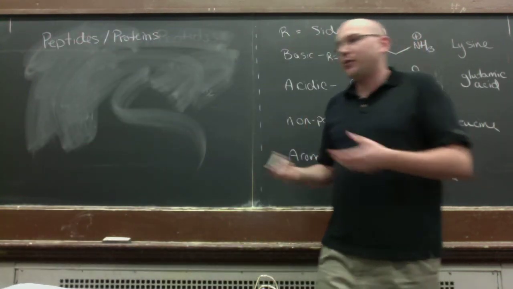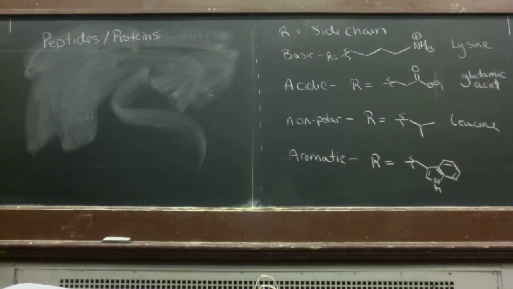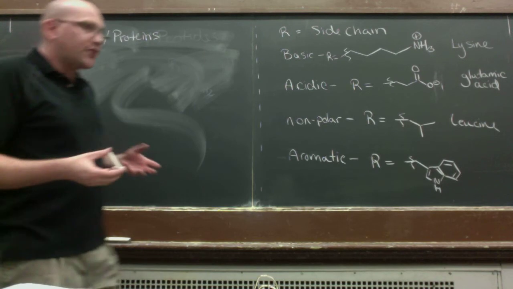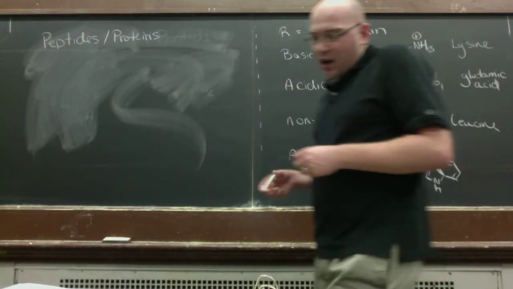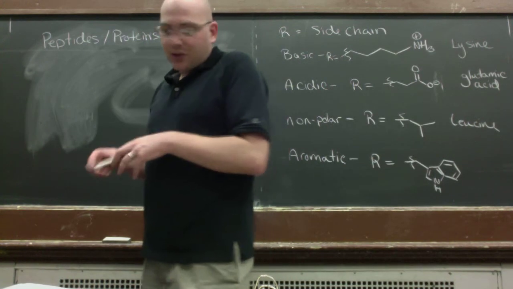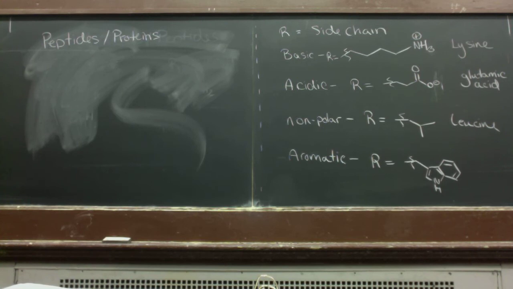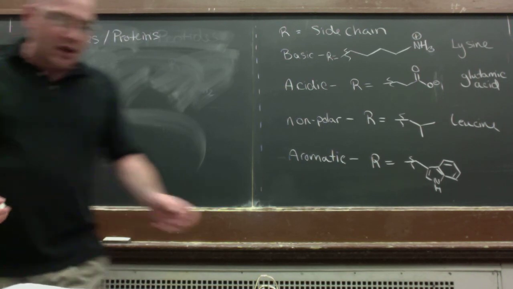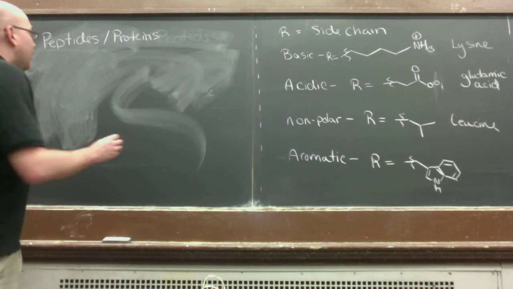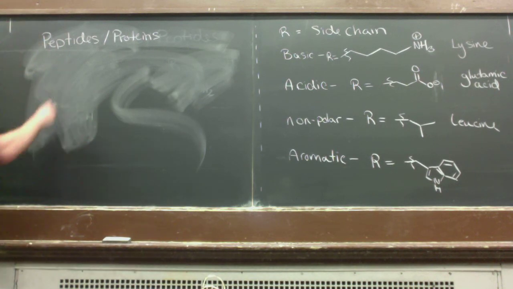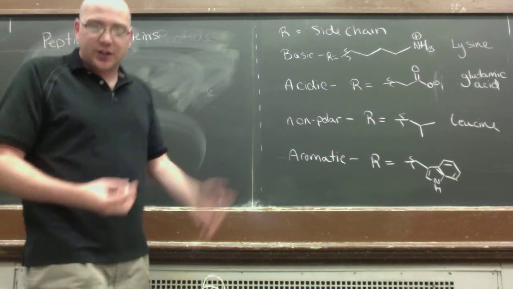We learn about nucleic acids too, but certainly the proteins, when we think about the enzymes that have their specific function, the antibodies that are in your body, things like collagen, certainly fibrous proteins, your hair and stuff like that, much of what we are is made up of proteins. And as many of you might already know, peptides and proteins are effectively just amino acids tied together, nitrogen to carbon.